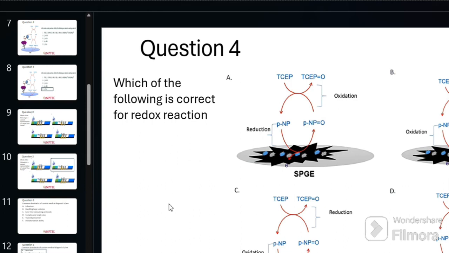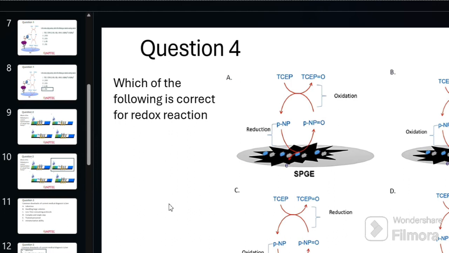So if the bottommost reaction is the reduction reaction, where the electron is being taken up, it cannot release an electron and give out a signal. So options A and D are wrong, because there is reduction happening, which is not what we want. Reduction is taking up of an electron; we want it to release an electron.